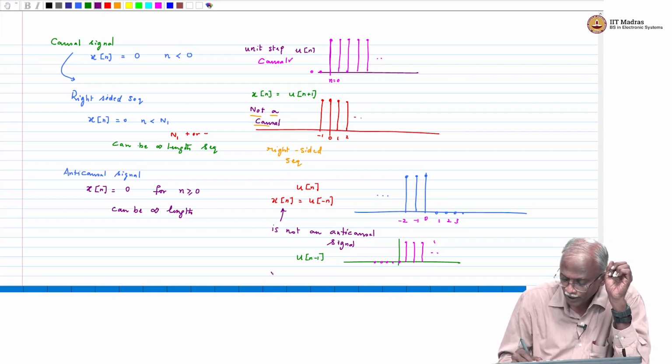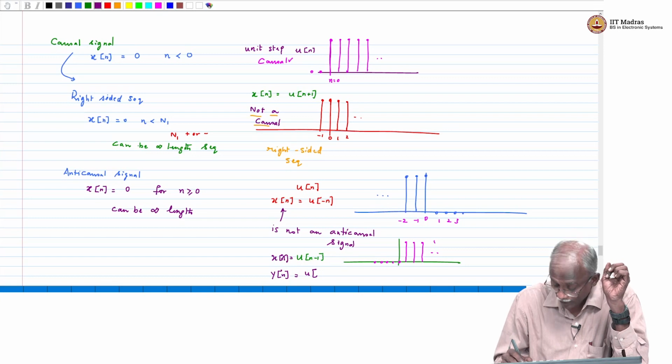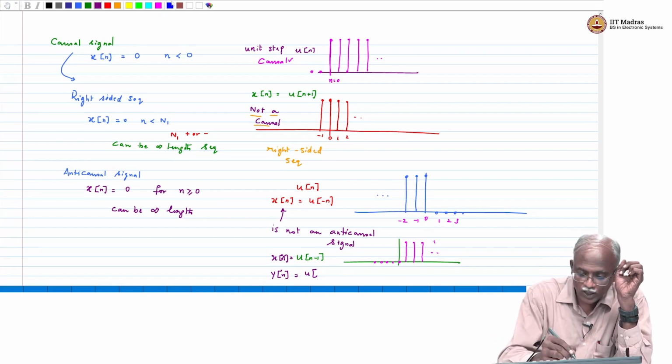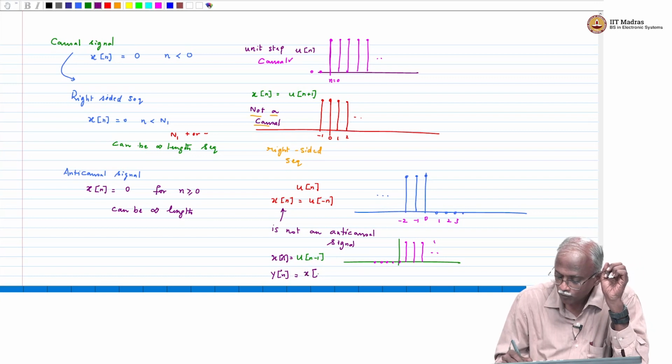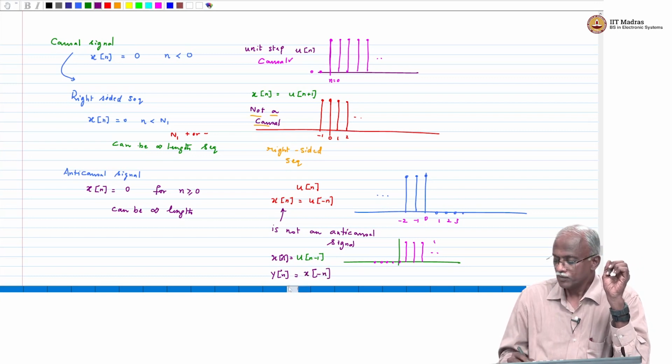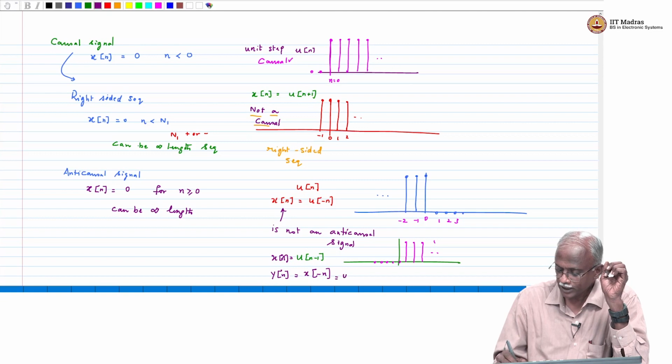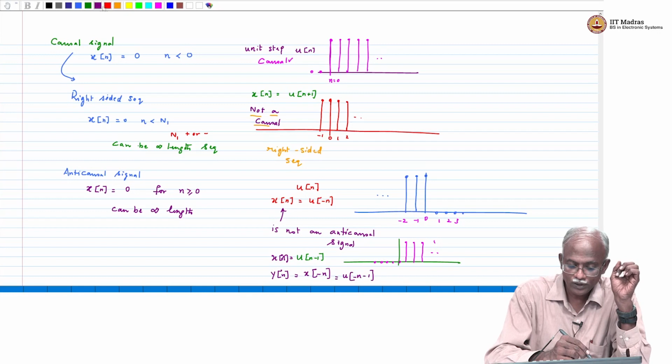So, let us say that x of n is equal to u of n minus 1, and y of n is equal to x of minus n. You can easily verify this is nothing but u of minus n minus 1. What will that look like?